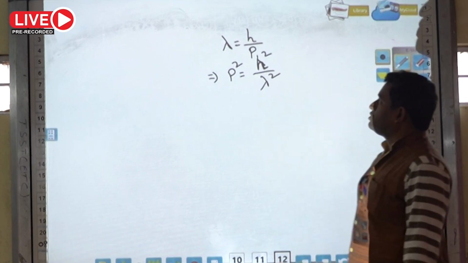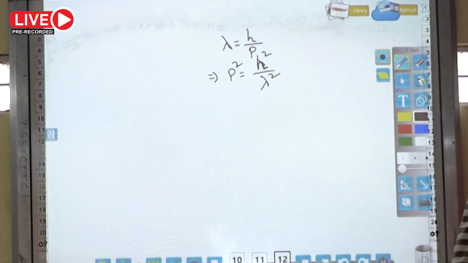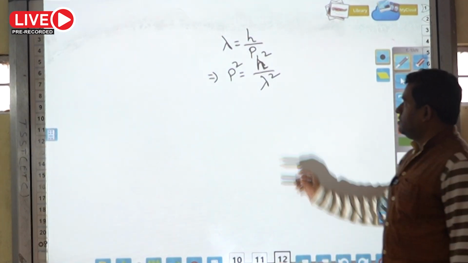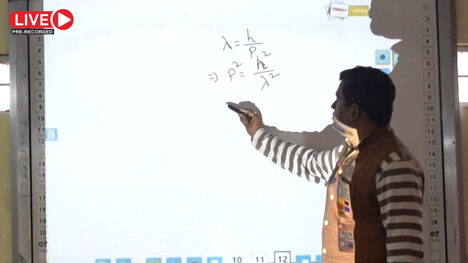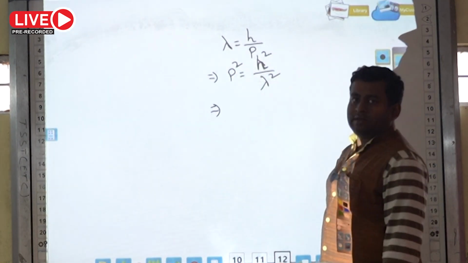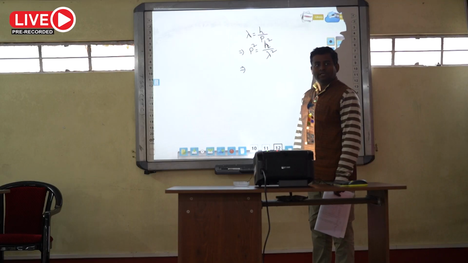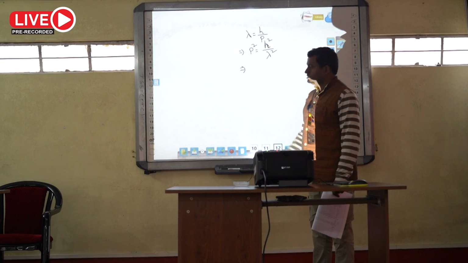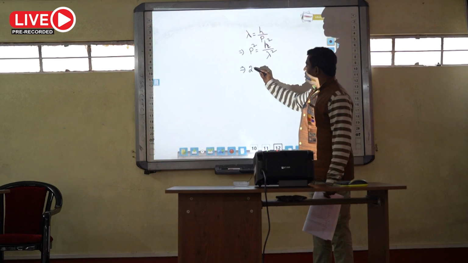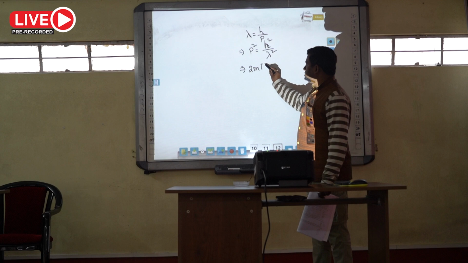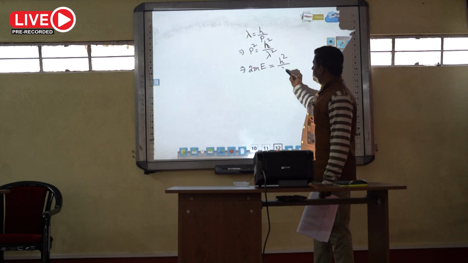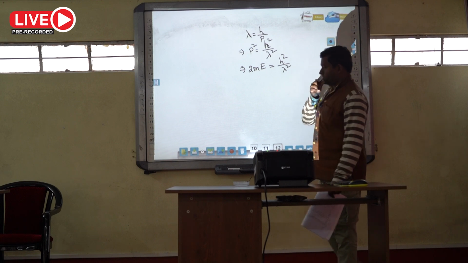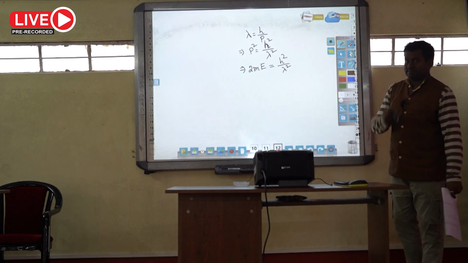So p square equal to h square by lambda square, where this lambda is the de Broglie wavelength. Now p square can be written as 2m into kinetic energy. So it will be 2m into kinetic energy E. Then it is h square by lambda square.